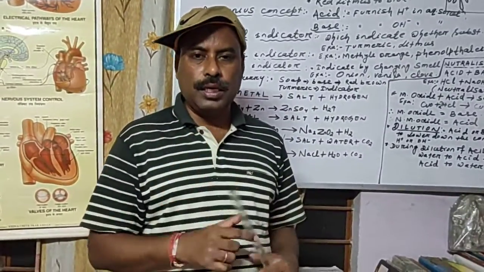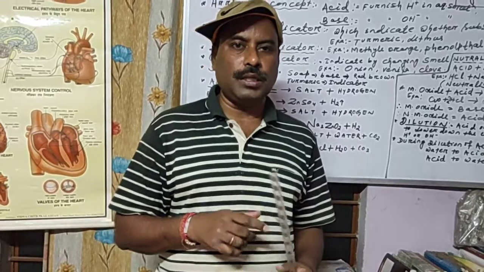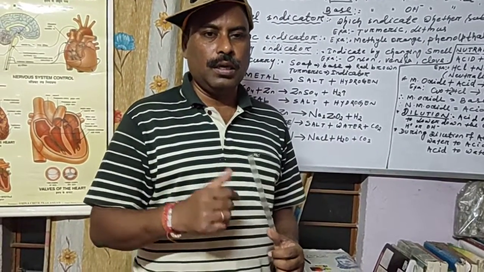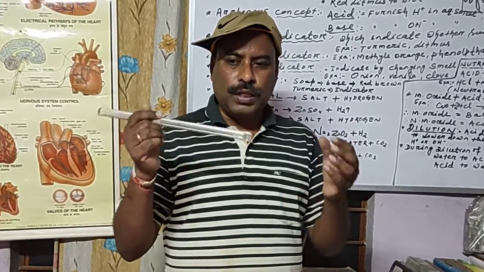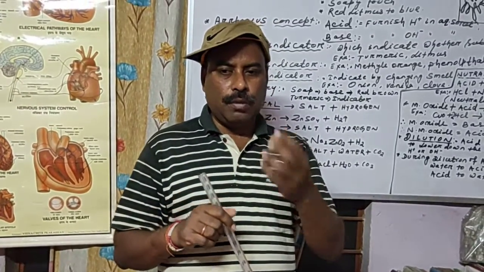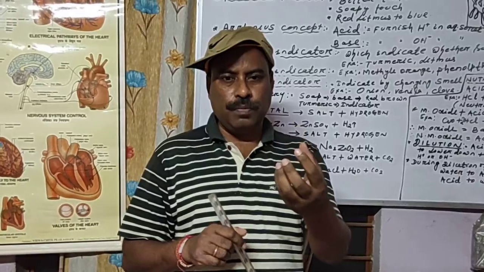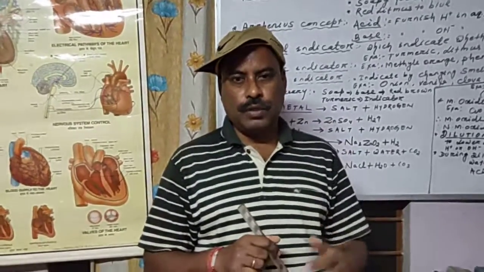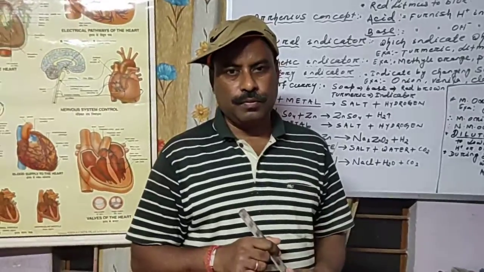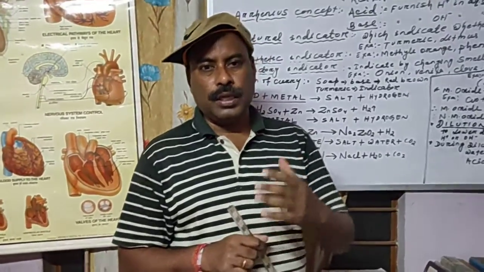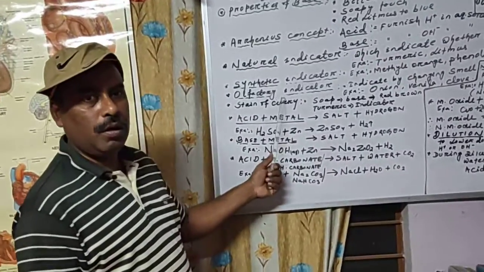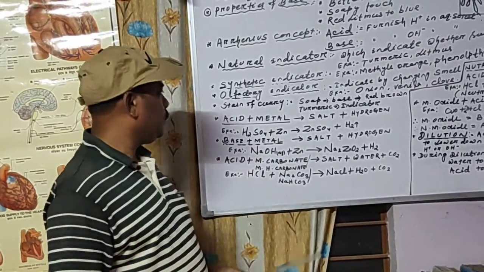The stain is generally yellow because of the turmeric present in the curry. So when the turmeric comes in contact with the soap, and soap is a base, it changes into red color. So it shows that soap is a base and the indicator here is turmeric, a natural indicator. So it is one example to show a base or acid.